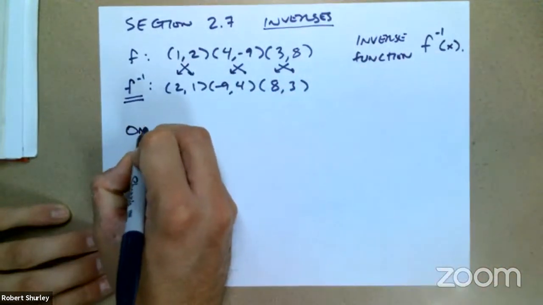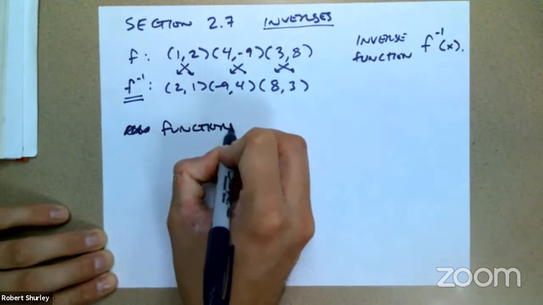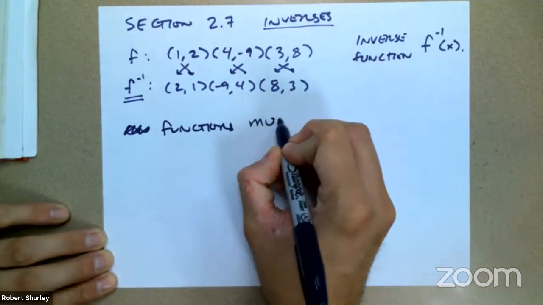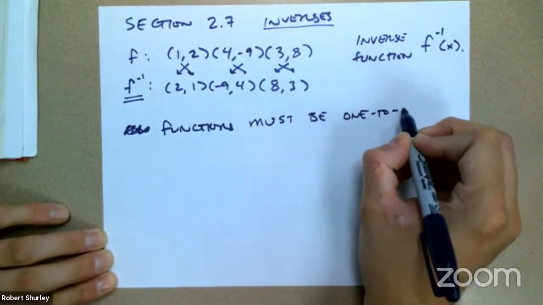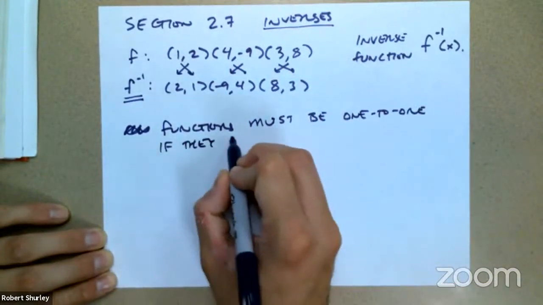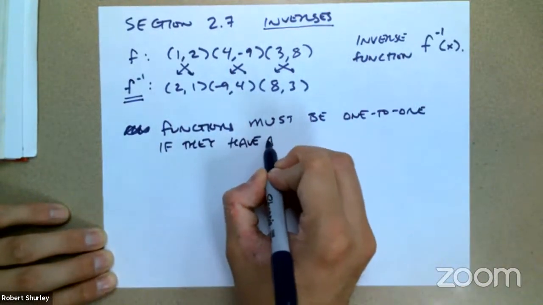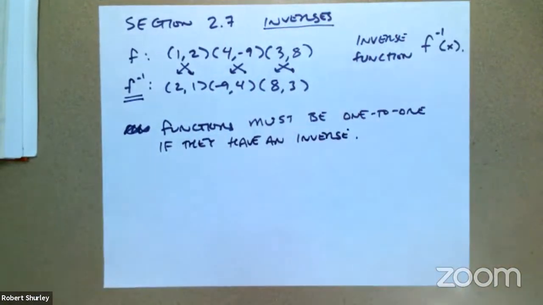When you do this, you cannot have y's that repeat either for the function. This is called one-to-one. Functions must be one-to-one if they have an inverse. Sometimes functions just don't have an inverse, and that's okay.